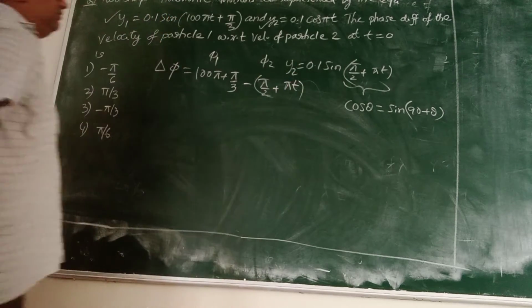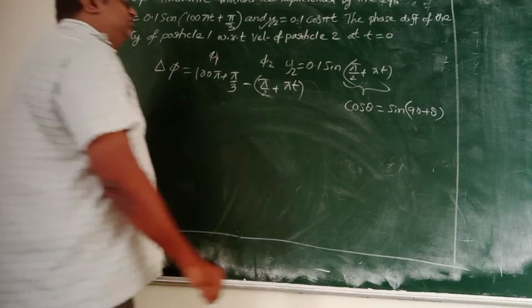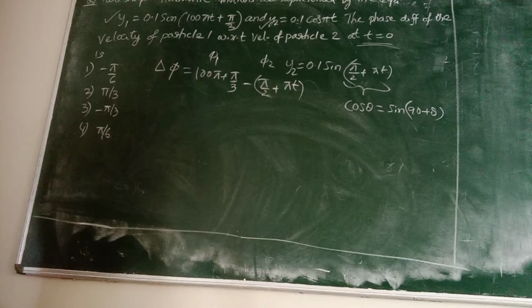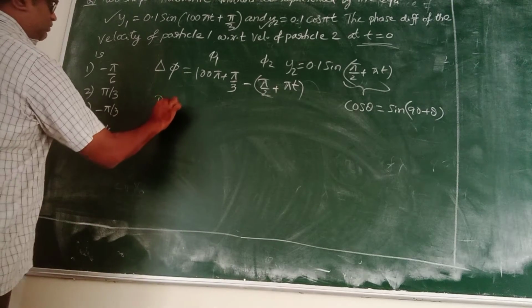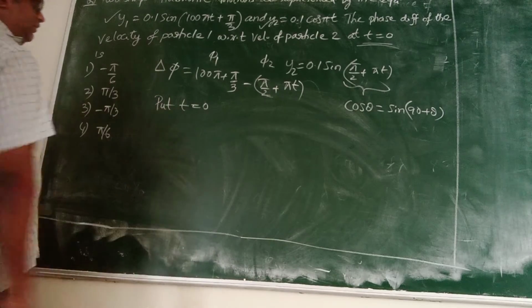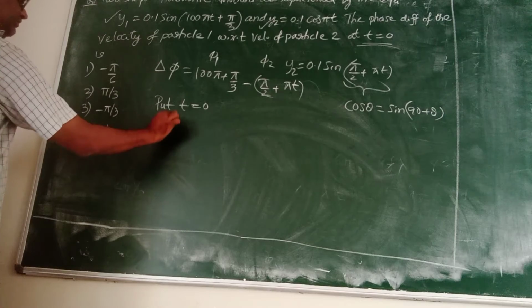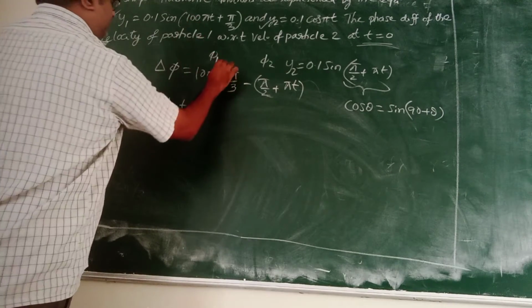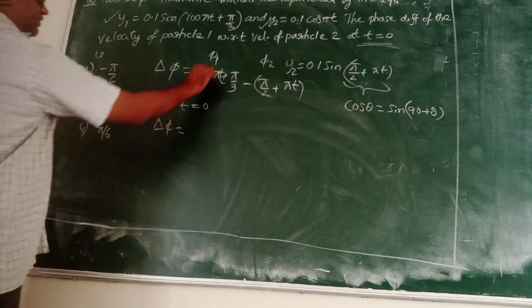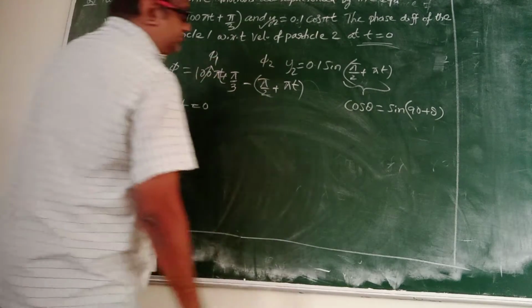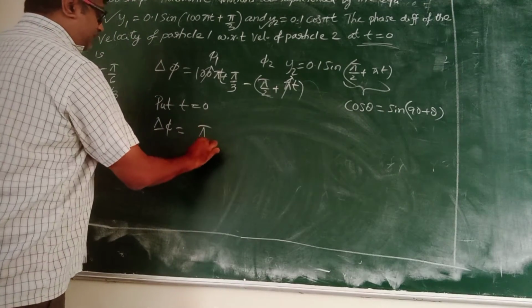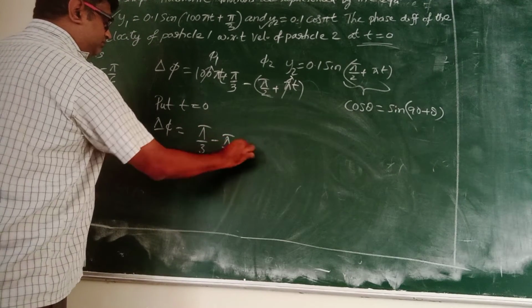Now look at the question. He is saying at t is equal to 0, what is the phase difference? So what you are supposed to do? Put t is equal to 0. Okay, so delta phi is equal to, this 100 pi t term will become 0 and this pi t term will become 0. So you are left with pi by 3 minus pi by 2.